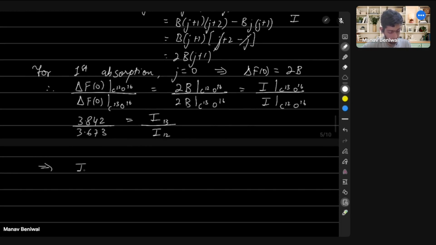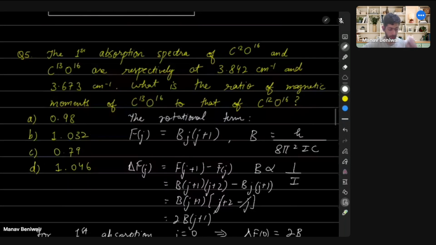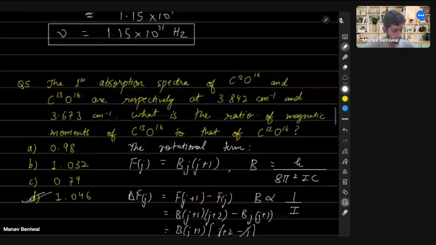This implies I13 divided by I12 comes out to be 1.046, which is option B. And okay, I think there's a typo here.